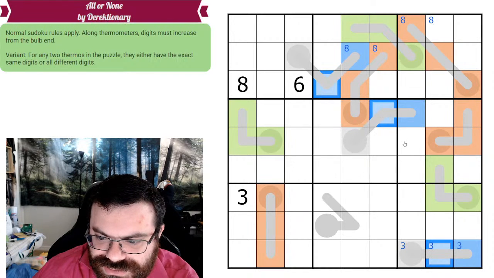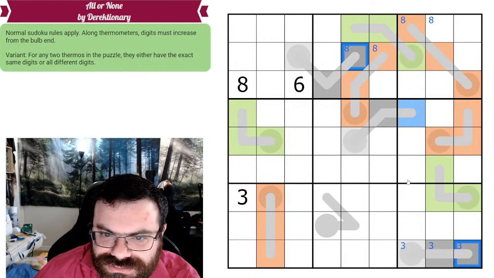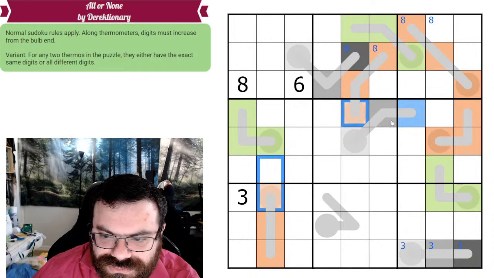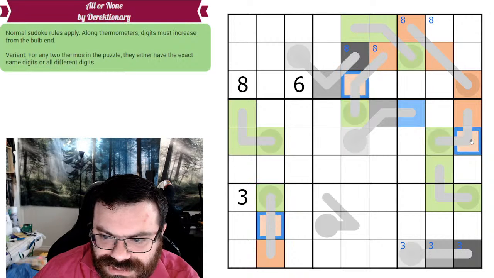Blue centers, I'll use 2. Blue ends, I'll use 3. Orange bulbs, I'll use 4. Oh, I'll remember.